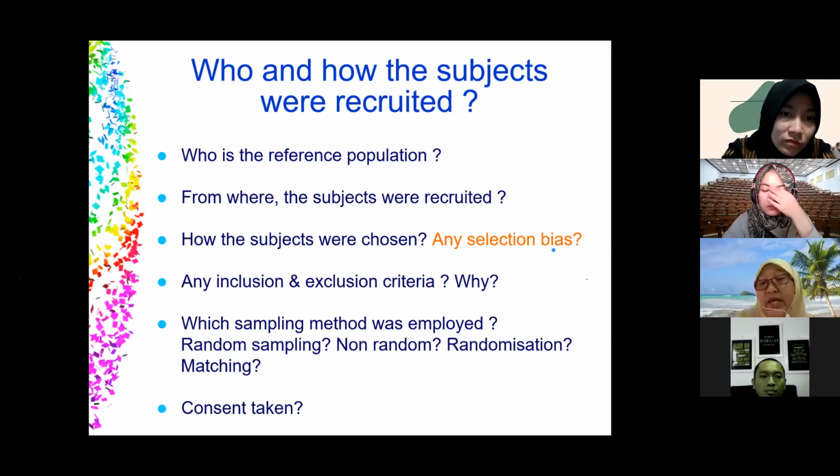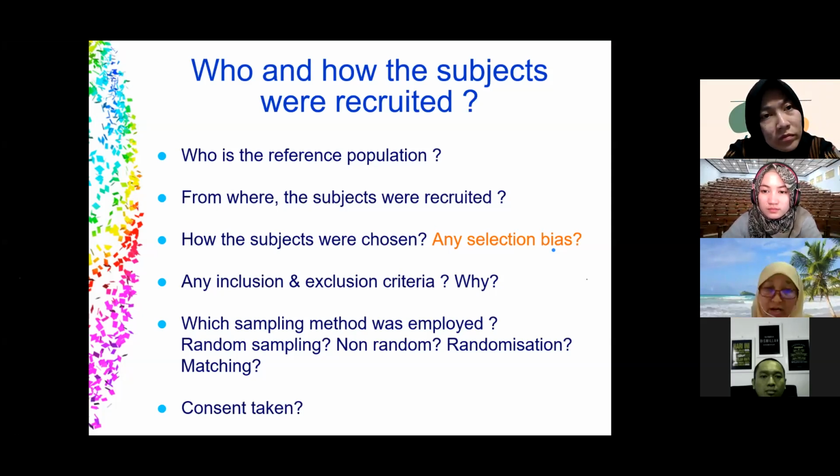Adakah ini semua methodology punya knowledge? Whether they use random sampling, they take randomly, or they take conveniently? Adakah mereka matching? Kalau buat intervention study, ada tak randomization dibuat? Ada tak matching dibuat? That is all dekat method section.